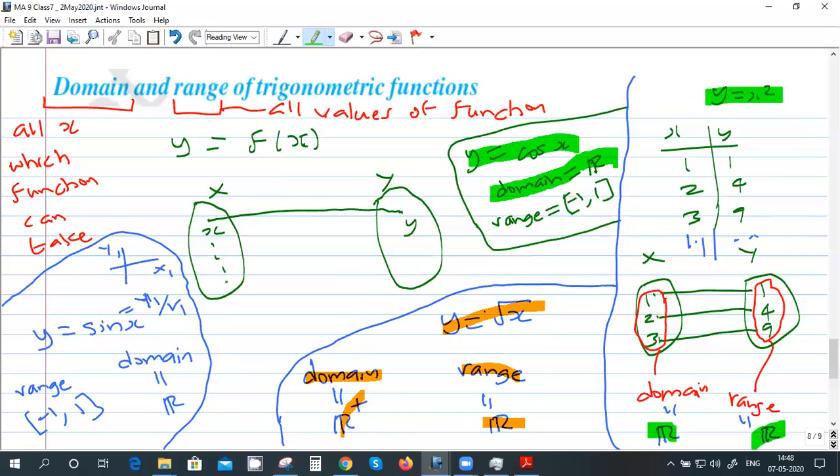Why can it not be more than one? Because it's adjacent side by hypotenuse, right? Adjacent side is always less than the hypotenuse. The general definition is x by r, and x cannot be more than r. It is always less than or equal to r. That is why the range is -1 to +1.